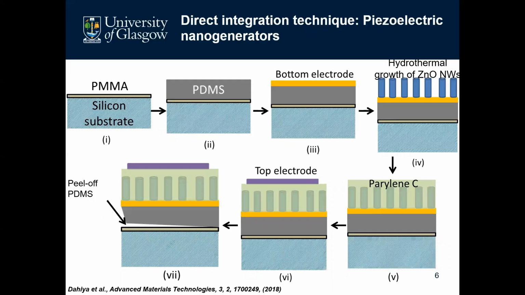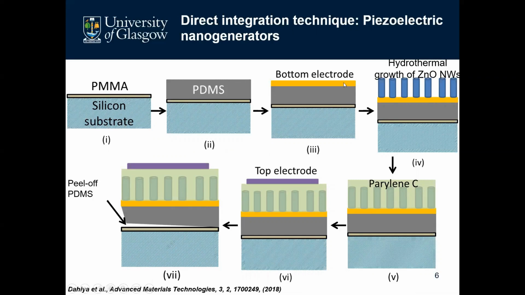The present slide shows the direct integration technique by demonstrating the piezoelectric nanogenerator devices. Here is the process flow for such an approach. First we take a rigid silicon substrate and spin coat PMMA as a sacrificial layer. We spin coat PDMS to define the thickness of the substrate.